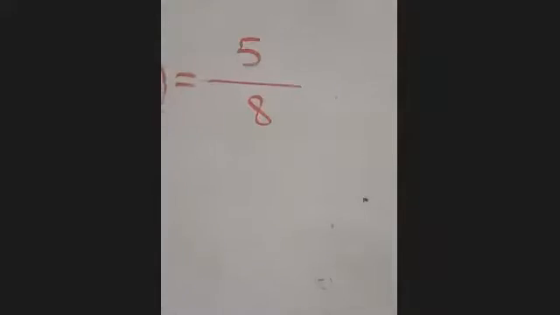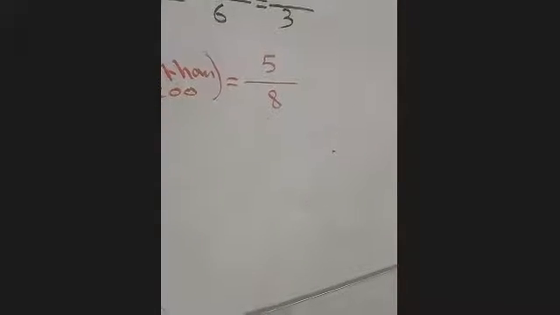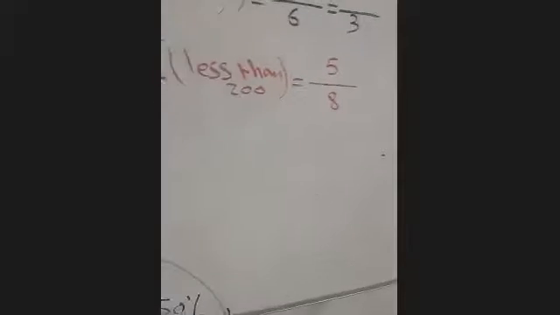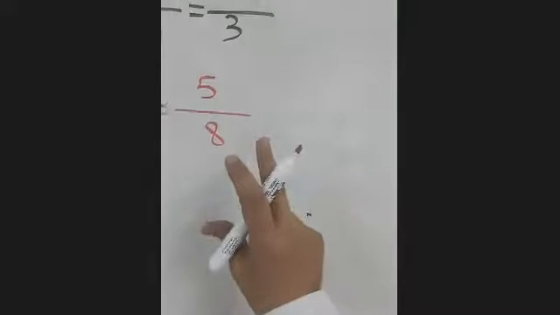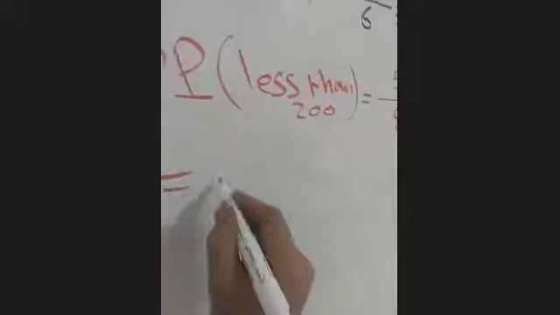Does it have a simplest form? Yes, it has. What is it? 5 over 8, it's already simplified, guys. So 5 divided by 8, the answer will be 0.625.